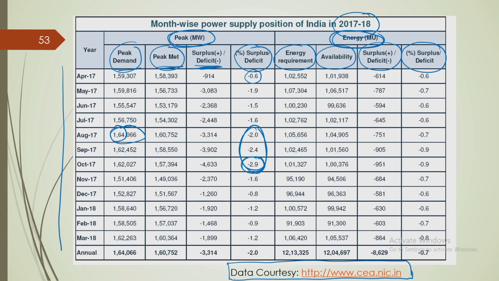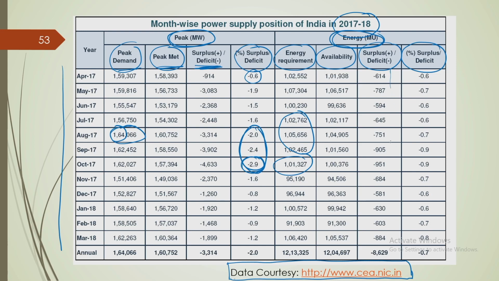Similarly, the energy requirement is higher particularly during summer and also the festive time, and then it reduces when winter comes in the country. These are the availability of energy, and these are the surplus or deficit energy.